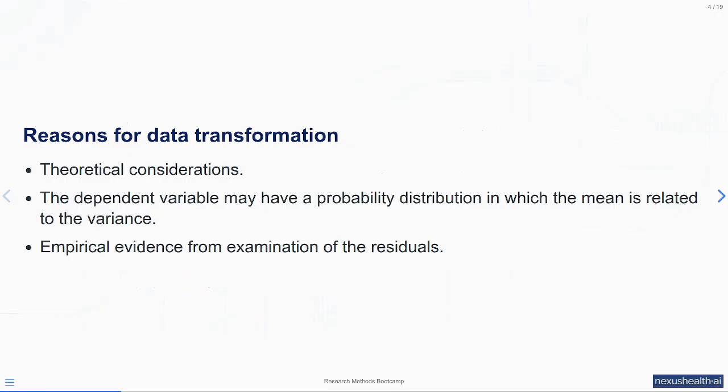We also need to understand that not all relationships between variables are necessarily linear. And sometimes when we examine the data, we see such relationships and we want to convert them into a linear form. And so that brings us back to the theoretical considerations.